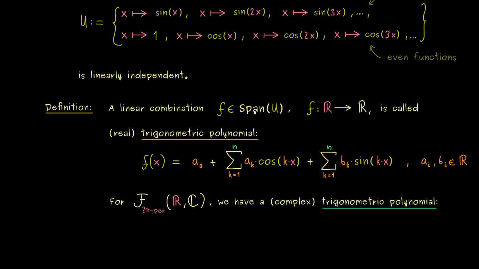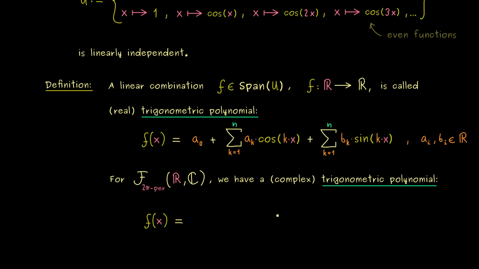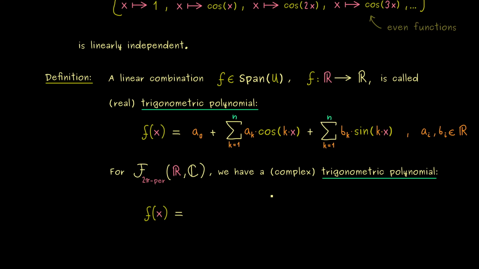The only thing we have to do is to allow for complex scalars here in this equation. However, this changes a lot because in the complex numbers we have Euler's identity. And you know this nice theorem because it connects the cosine and sine function with the exponential function. And therefore, writing a complex trigonometric polynomial is much simpler.